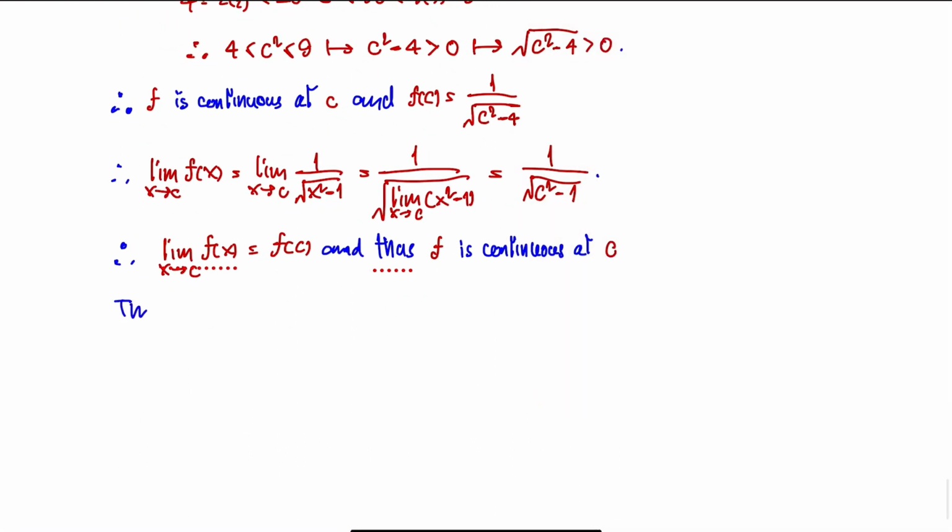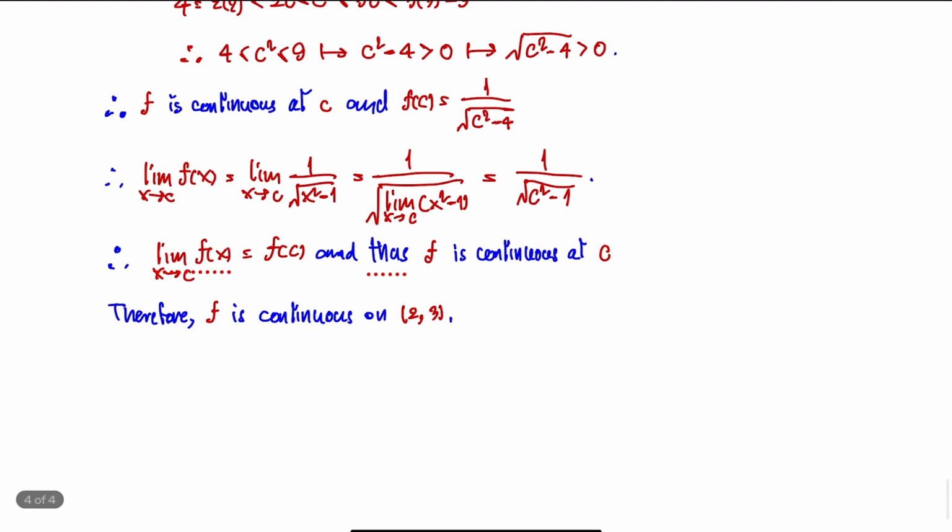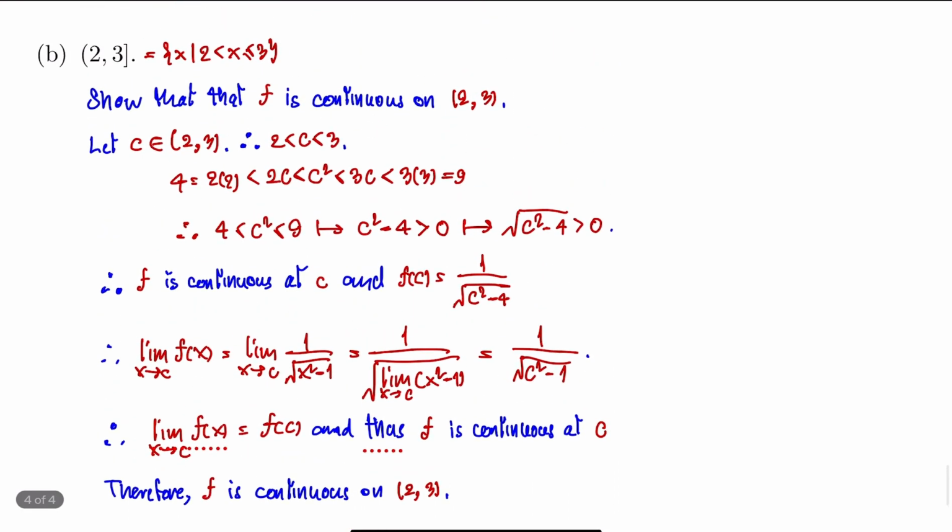So therefore our function f is continuous on this open interval from 2 to 3. Okay, great. But we have one more thing left to do. We have to show that our function must be continuous on this interval from 2 to 3.